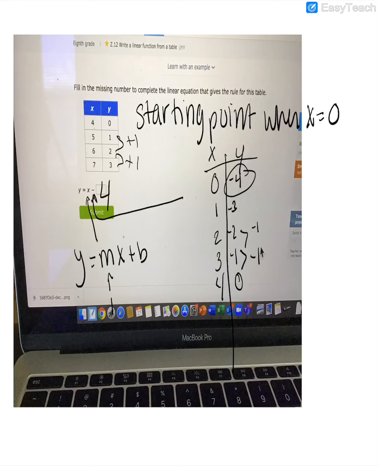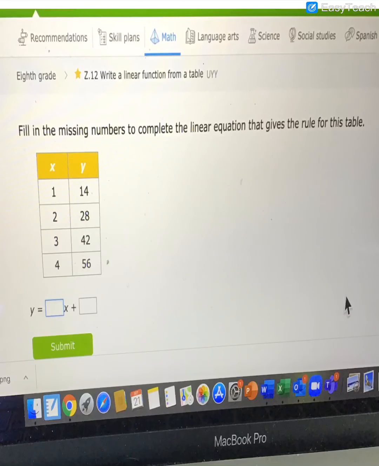Let's look at the next one. So fill in the missing numbers to complete the linear equation. So now we know that our b is going to be positive this time, because it gives us that. So let's see what our slope is. We know it's our change in y over our change in x. Our change in our y values here, we are adding 14 each time. So our change in our y value is 14.